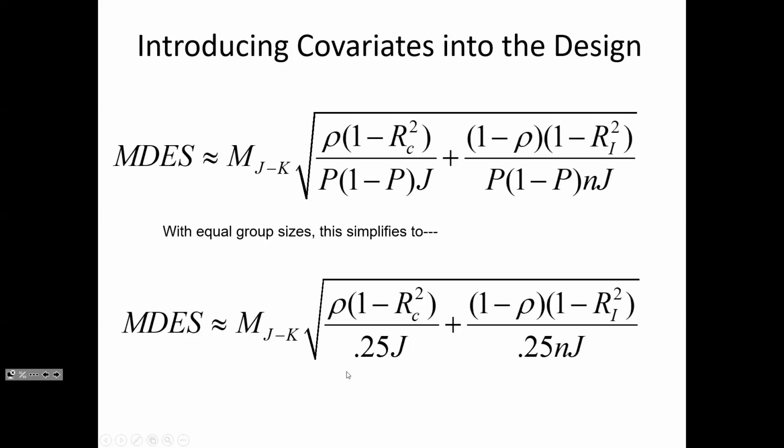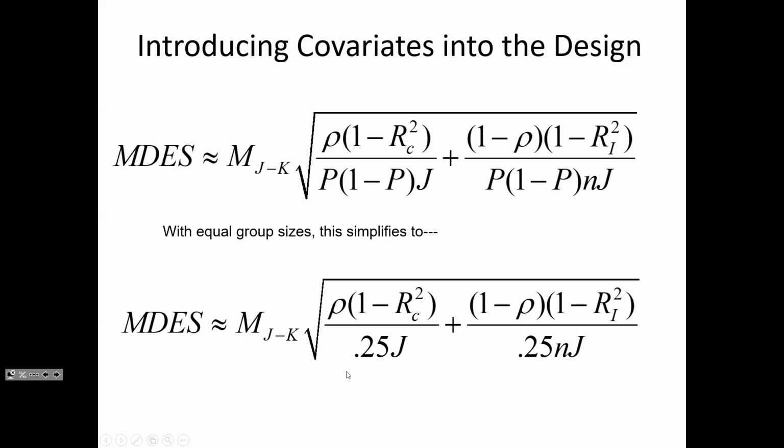What's really interesting here is, it looks kind of similar, but here we're taking the ICC times 1 minus the proportion of variance explained by the cluster covariates, plus 1 minus the ICC. So here's the ICC 0.5. This is going to be like 0.85 multiplied by 1 minus the proportion of variance that's explained by the individual covariates.